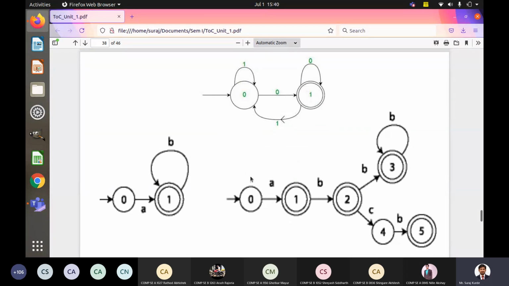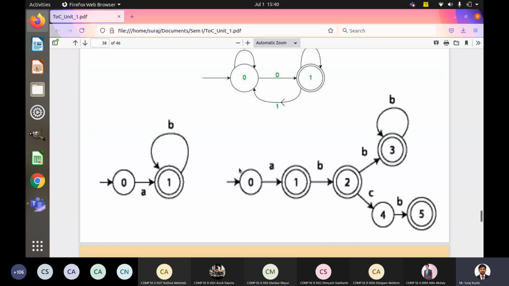So these are the diagrams that you have seen in the last lecture. Now, what are states? Let's consider the second diagram where the inputs are A, B and two states are there, 0 and 1. This state 0 is called the initial state because there is an incoming arrow.